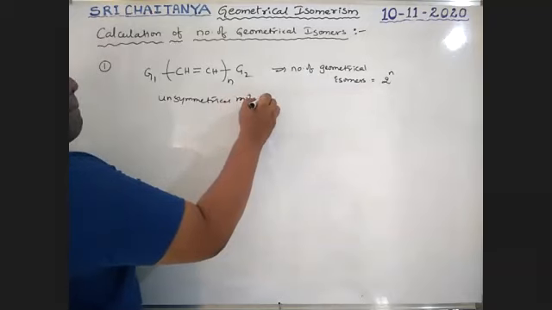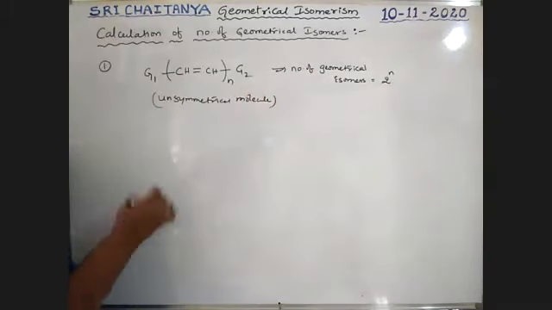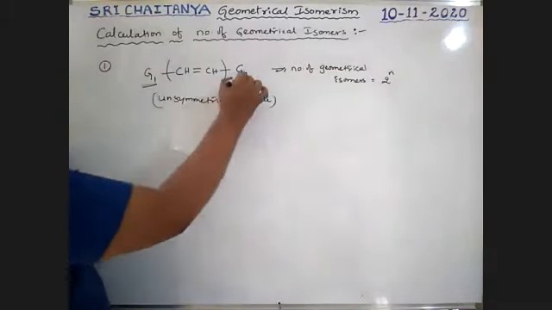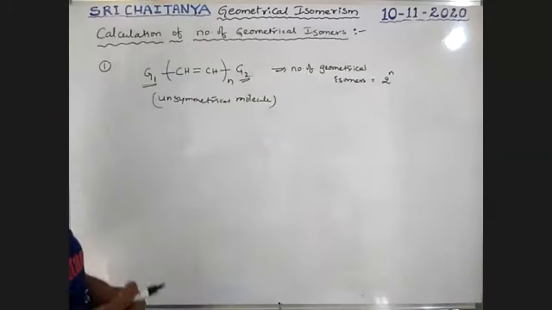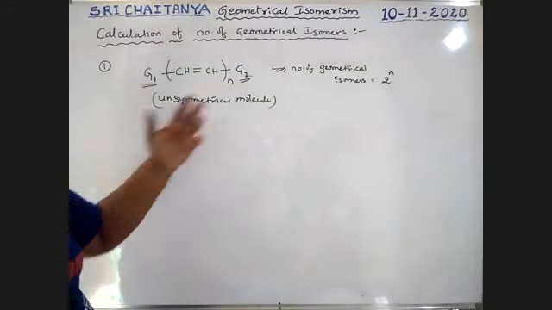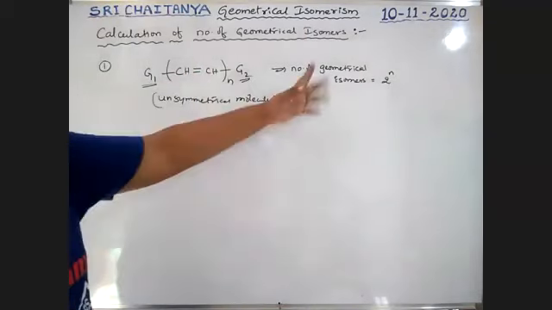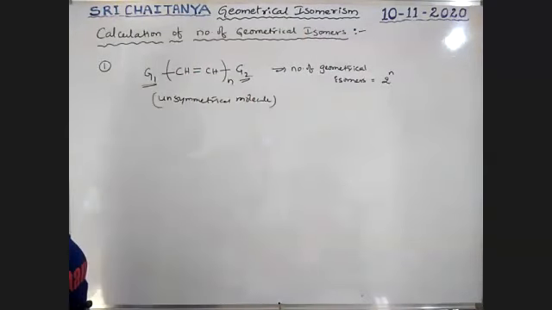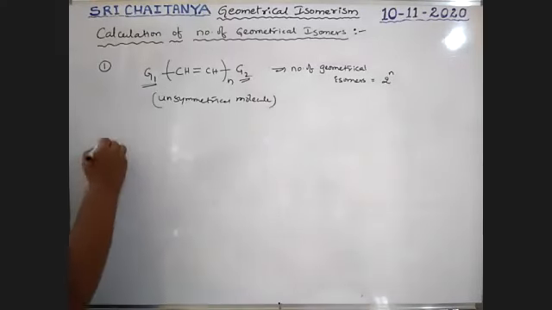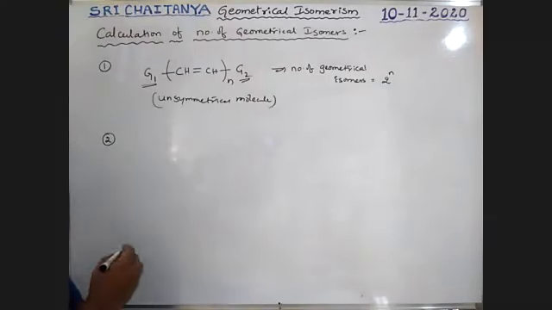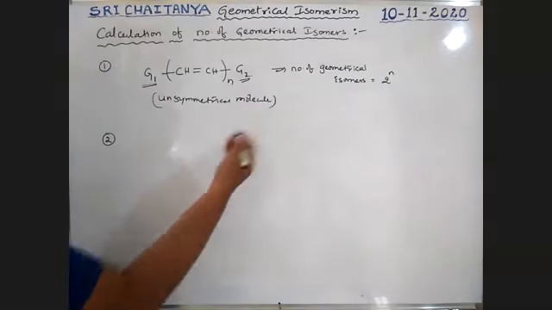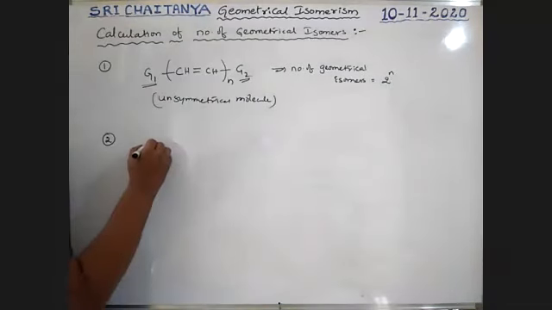These two groups are not same. So therefore it is an unsymmetrical molecule. So therefore number of geometrical isomers is equal to 2 power n. N is the number of double bonds. Next, second condition.